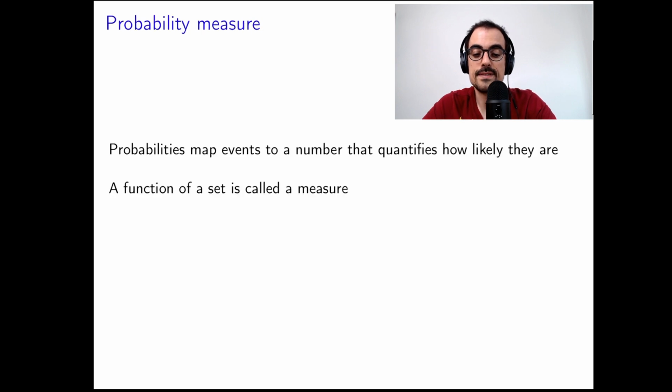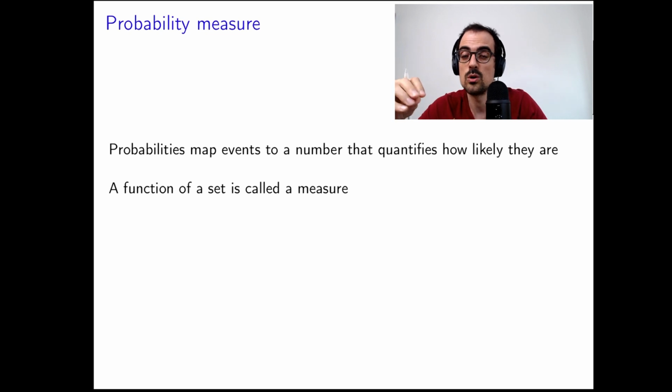All right, so now that we've seen some examples of events and what an event is, a probability measure is a function that maps events to a number that quantifies how likely these events are. Okay, and this number is the probability of the event. It captures, if the probability is very high, we think that the event will probably happen.